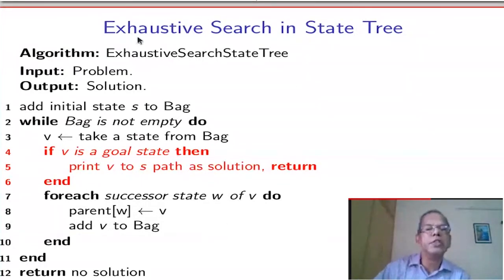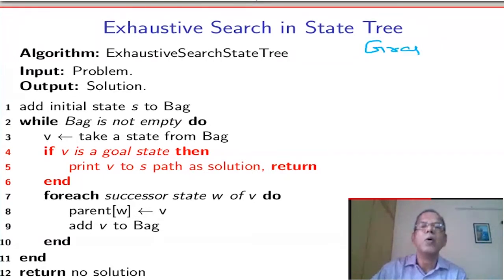This is exhaustive search. I have taken the same algorithm that we use for state graph. It may look alike: add initial state s to bag. While bag is not empty, delete any state B from the bag.